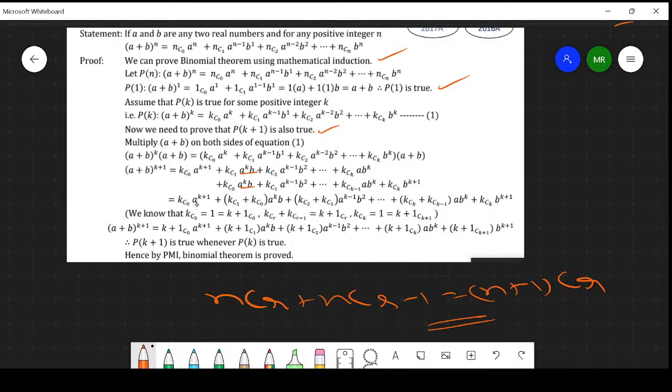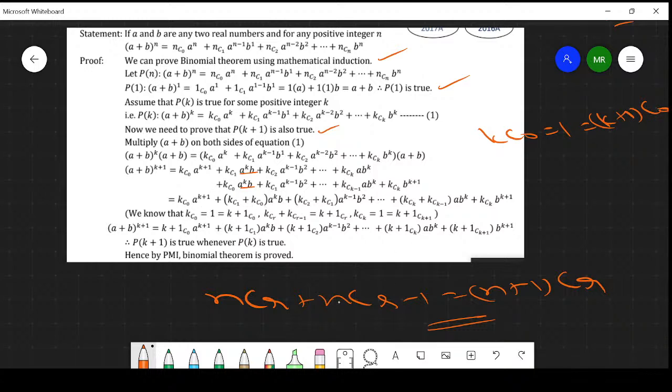Even kC0 is equal to 1, which is also k plus 1 C0. Both are same. Suppose kC0 is equal to 1, which is equal to k plus 1 C0. These both are the same values.